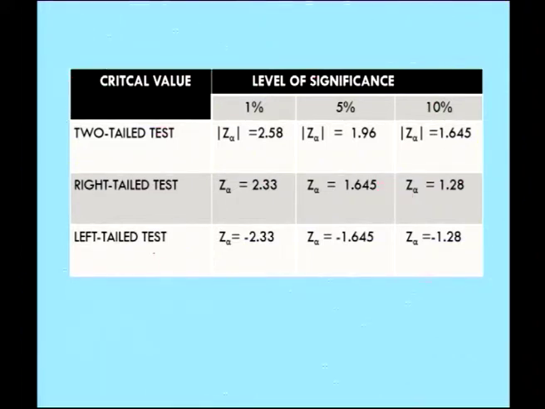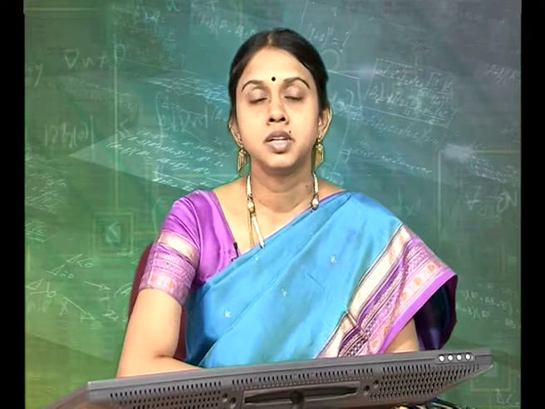So, for the left tail test all Z values will be negative. Therefore, Z alpha is minus 2.33, and Z alpha here is minus 1.645 for 5%, and Z alpha at 10% is minus 1.28.